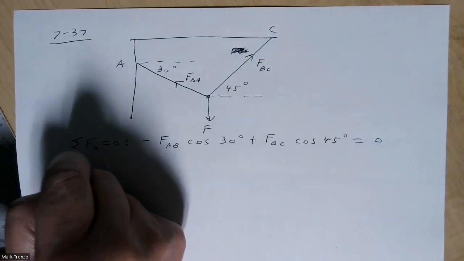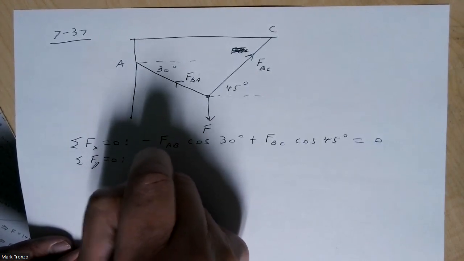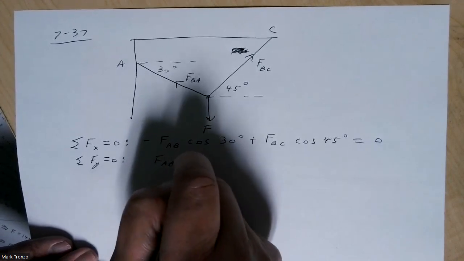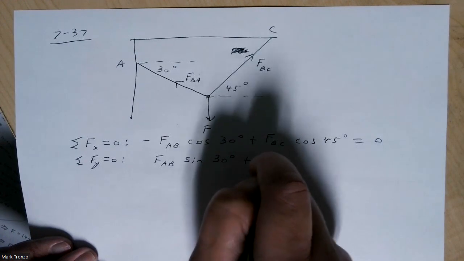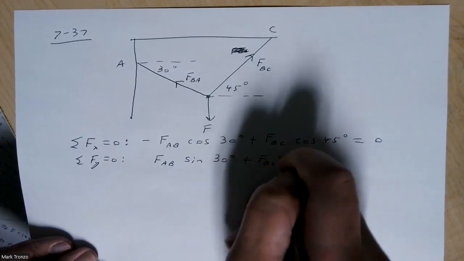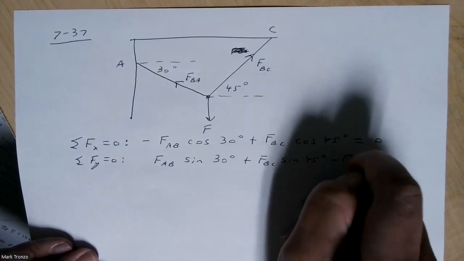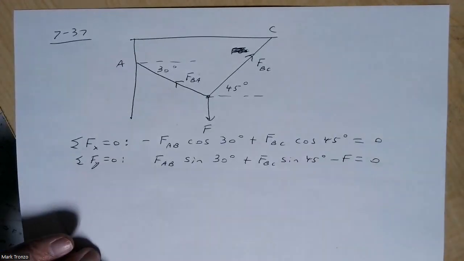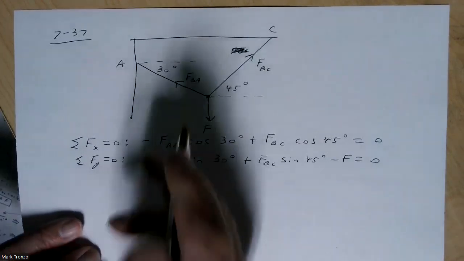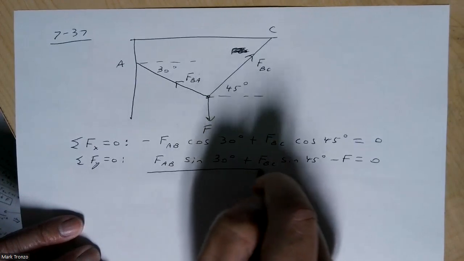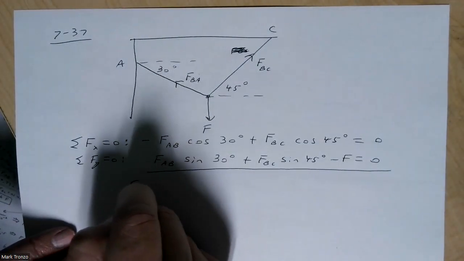Then if we sum the forces in the y direction, it'll be FAB sine 30 plus FBC sine 45 minus F, set that equal to 0. Then, because we have two equations and two unknowns, you can either do it by substitution or do them simultaneously.